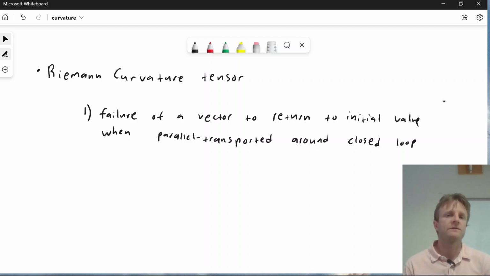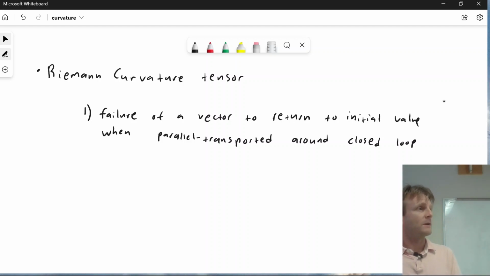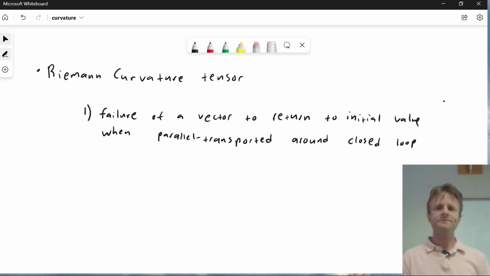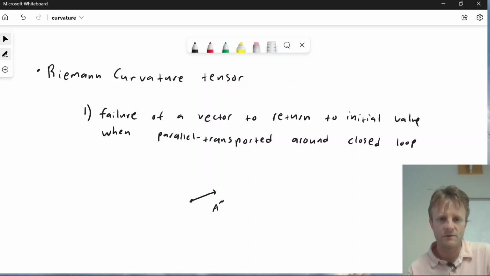So in this case, the Riemann curvature will take the closed loop to be very small, kind of like in the commutator problem, when you took a closed loop to be very small and asked about just where you end up after following integral curves. So the idea here is you have two vector fields, call them A and B, at a point. So here's one vector field, A mu.